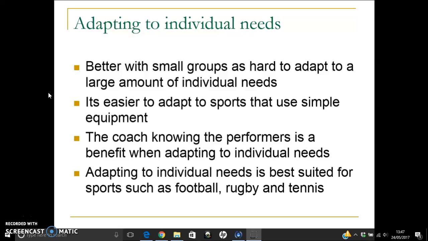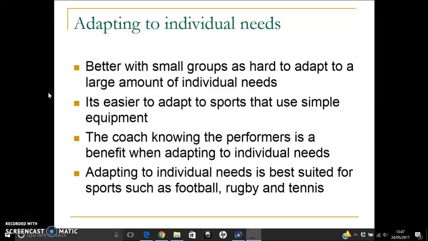Whereas if you had a simpler game like football, rugby, something like that, then it could be quite easy to take someone off to the side and do a little bit more basic work with them, or more complicated things. And also the drills will be able to be changed for different abilities more easily.